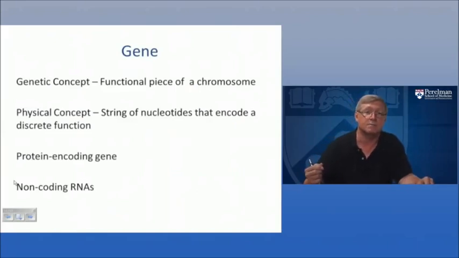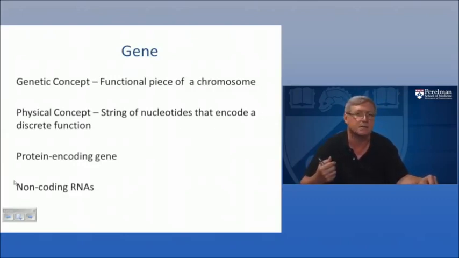The concept of a gene we haven't really talked about specifically. I thought I'd just mention that here. It has several different kinds of definitions depending on at what point in time it was being discussed and what else was known about the chemical basis of the gene at that time. Initially, it was purely a genetic concept.